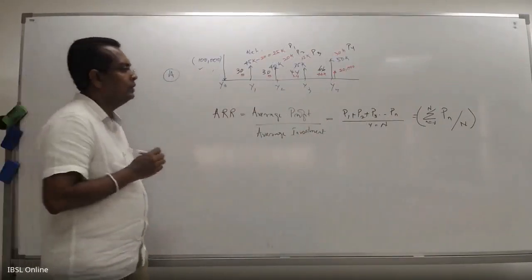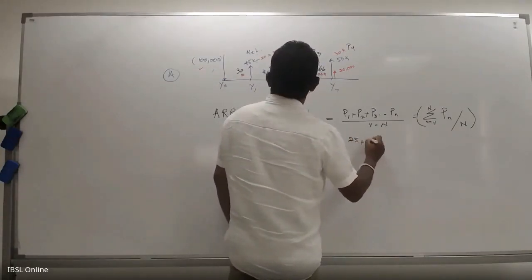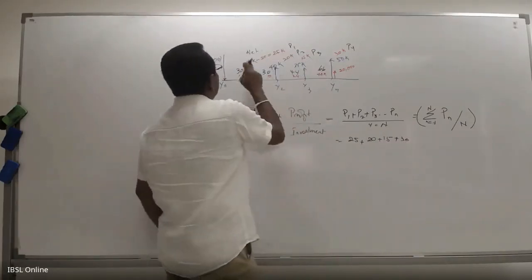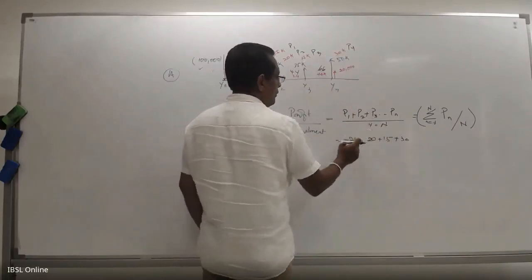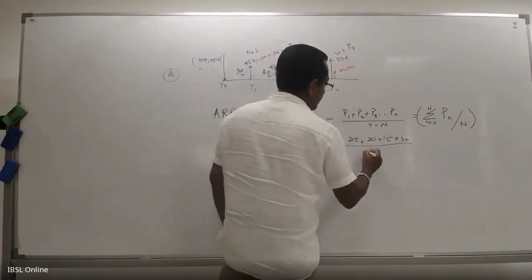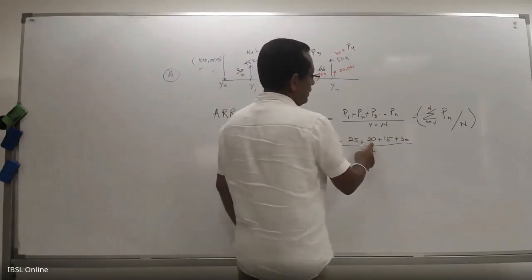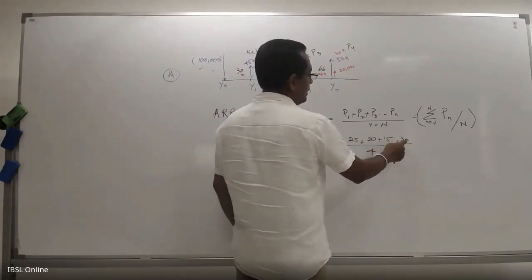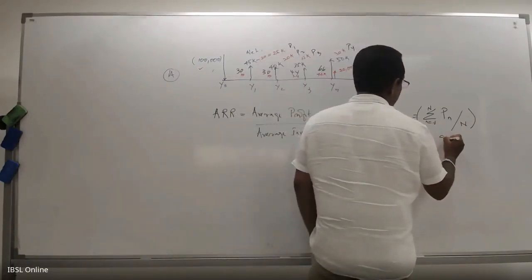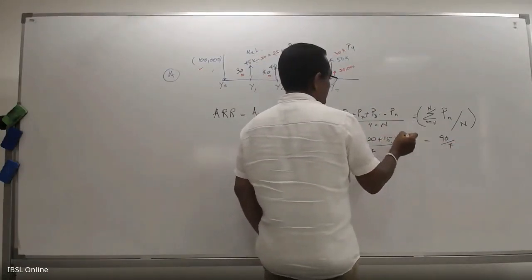So that is equal to 25 plus 20 plus 15 plus 30, divided by 4 years. Right? So 45, 60, 90 divided by 4.